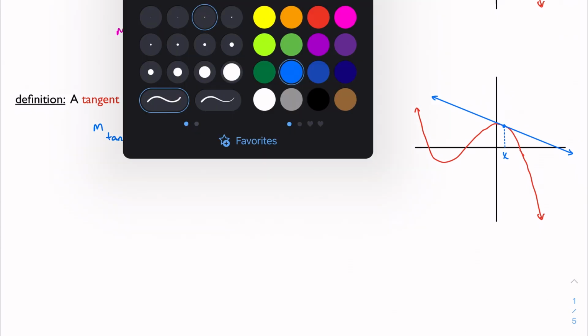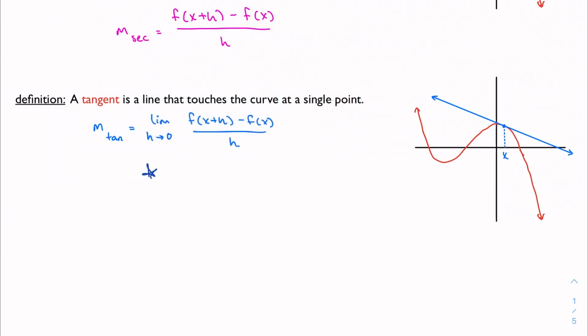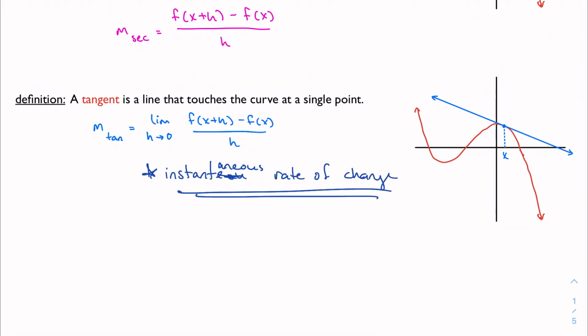This is what we call our instantaneous rate of change. And it has a ton of applications, just about anything that can be modeled, right? We want to know the growth rate at this specific point in time. We want to know the rate of change at this specific point in time, and that's what the slope of the tangent line is for. This is where calculus comes into play.